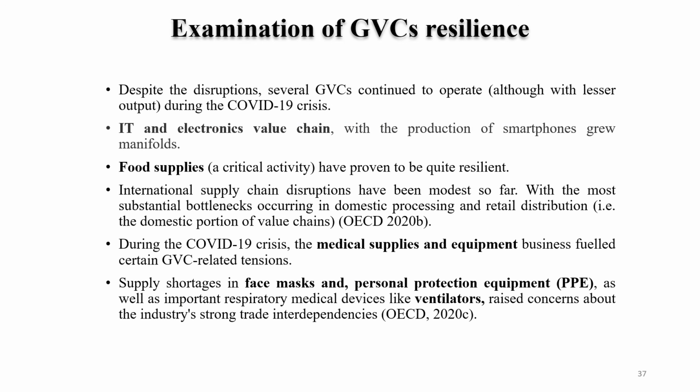But if we see, what we discussed was a general phenomenon, but in some cases the global value chain remained very resilient. Some of the sectors helped people to connect with each other, what we call the world of online life, which helped people get connected with friends, with teachers, with offices.